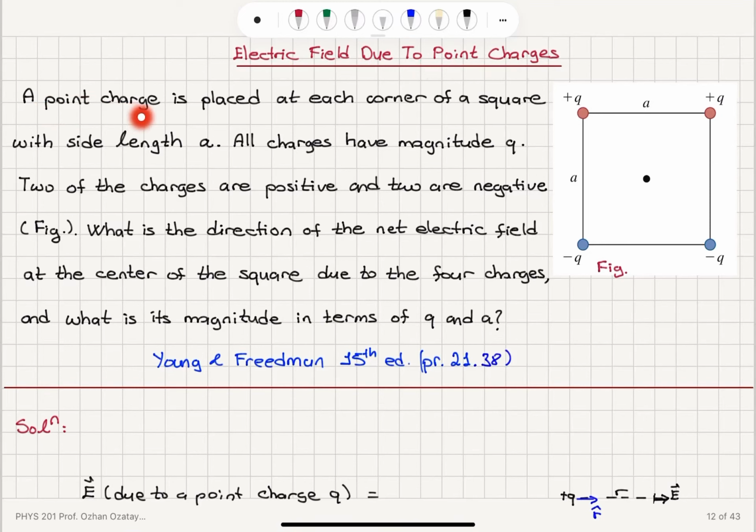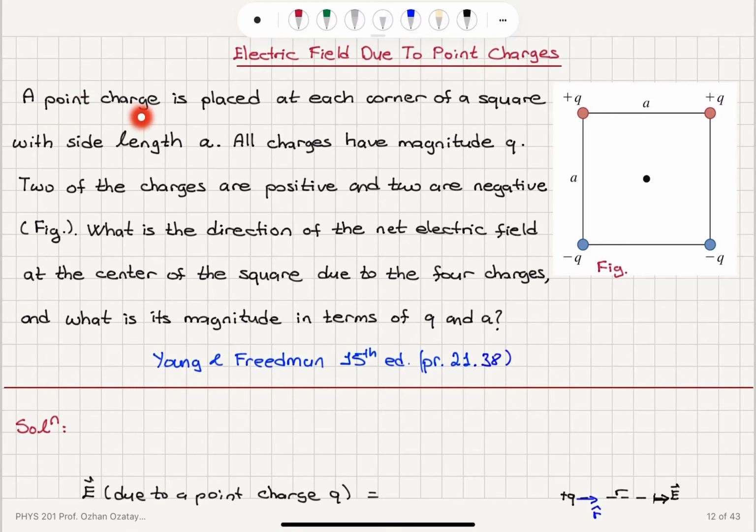What is the direction of the net electric field at the center of the square due to the four charges, and what is its magnitude in terms of Q and a? Okay, so you can see that we have charge 1, charge 2, charge 3, and charge 4. Due to charge 1, we're going to have an electric field pointing in this direction, and due to charge 2 it will be pointing in this direction.